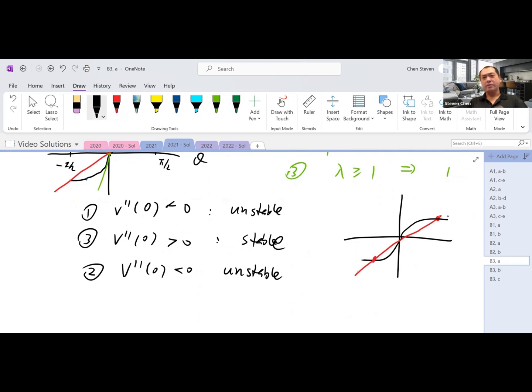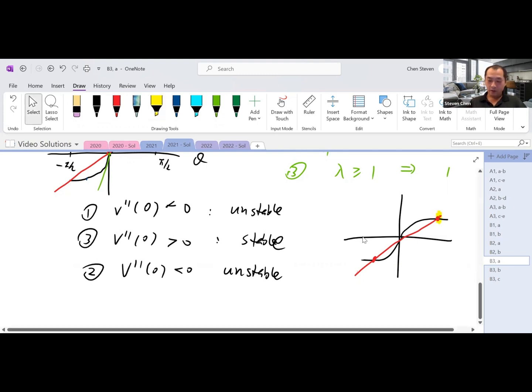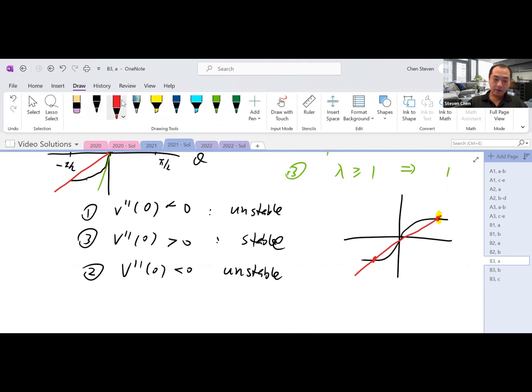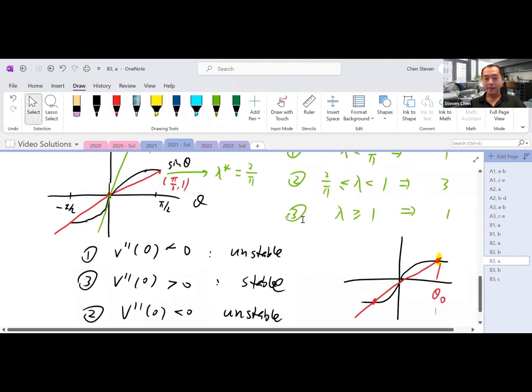Because of the symmetry, they should have the same stability type. Either both are stable or both are unstable. So we just need to analyze one. Without loss of generality, let's analyze the positive theta. Okay. And for this one, let me call this theta naught and see what we have.